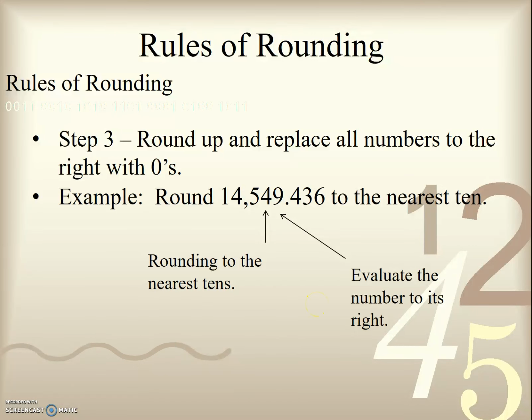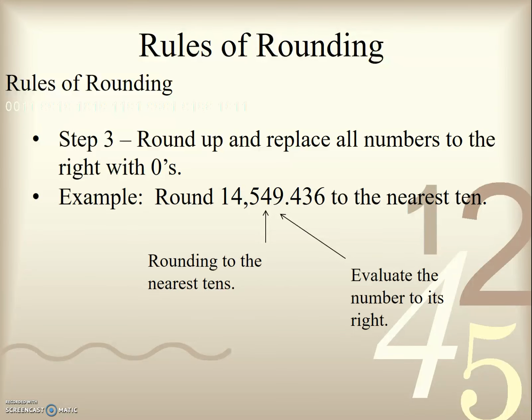So that number is greater than 5, so we want to round up for our rounding place. Step 3, we're going to complete the rounding. So we are not rounding to a decimal place, we are rounding to a whole number, so that little numeral 2 there is going to be applicable. So we're going to replace all numbers between the rounding position and the decimal place with zeros.